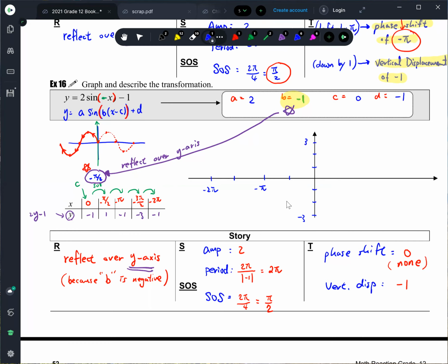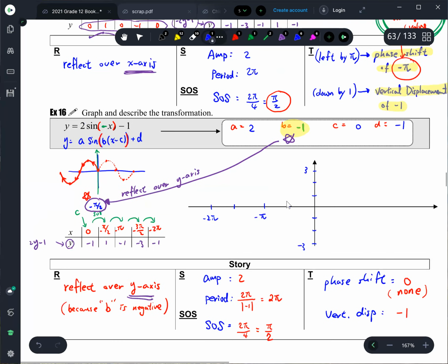Okay, each question we learn something unique. This one has a reflection over the y-axis. So we need to subtract. SOS. Okay, you can add that in.